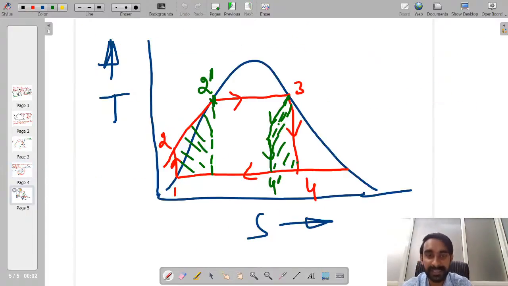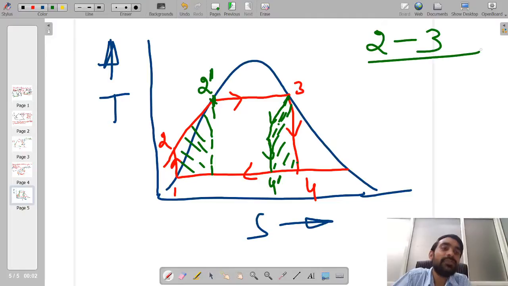So because of that, instead of having point number 2 at the inlet of the boiler, now we are having point number 2 dash inside our boiler. Okay, so if you try to see what actually has happened, earlier 2 to 3 was your process inside the boiler.